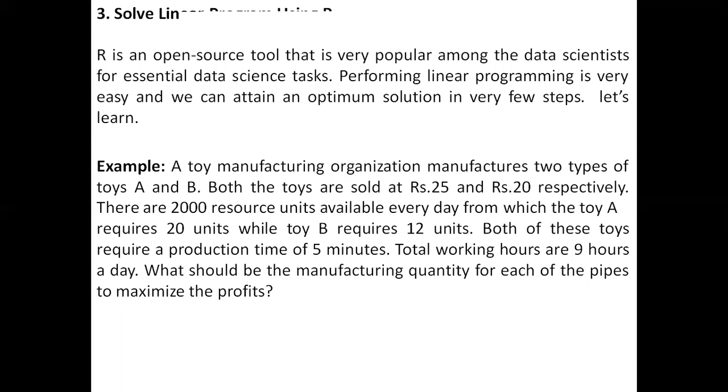So initially there is an organization which is manufacturing these toys. A costs 25, B costs 20, and we are having 2000 resource units, but for manufacturing A 20 units are required, and for B 12 units are required. Both require a production time of 5 minutes.